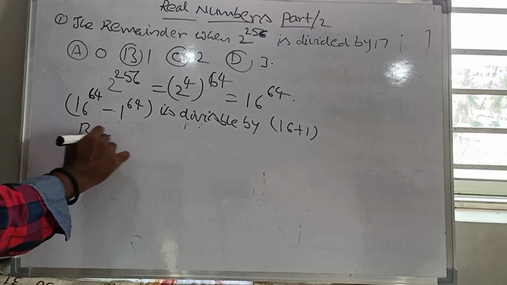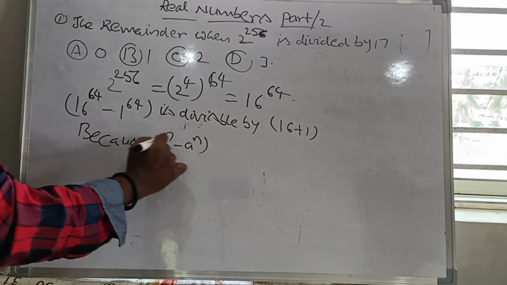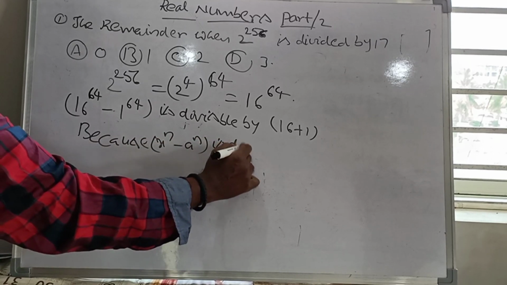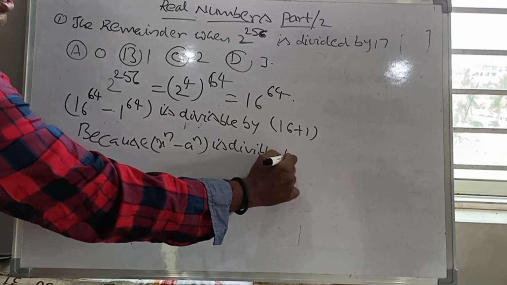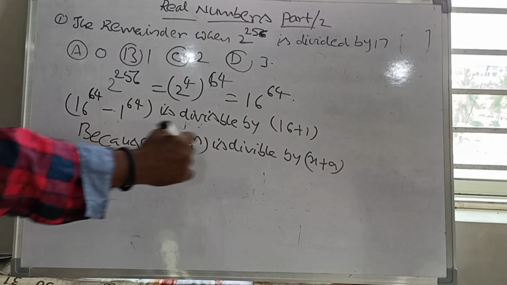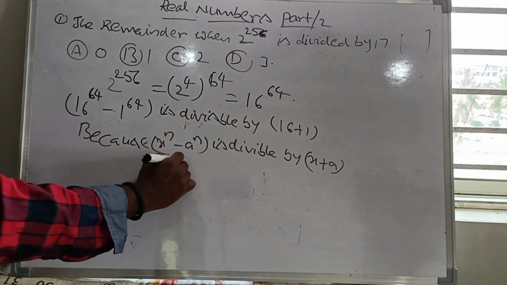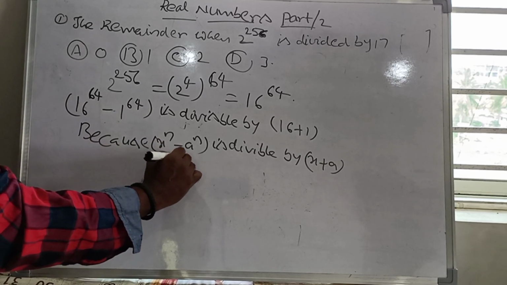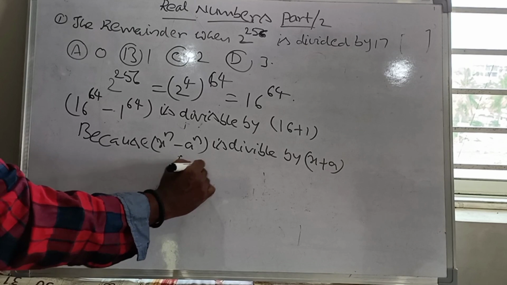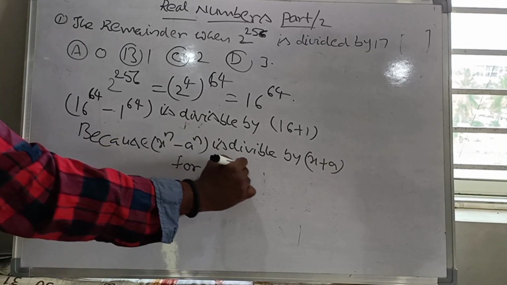The reason is, suppose x power n minus a power n is divisible by x plus a when n is even.